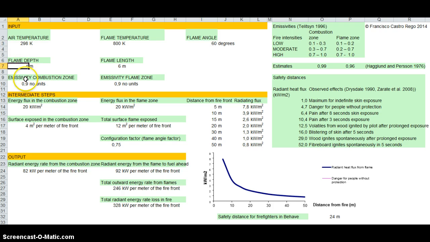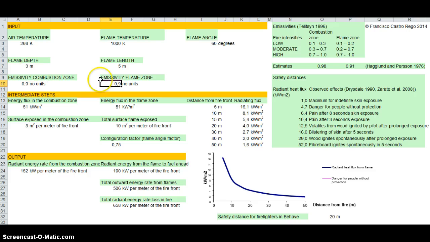Flame depth of this sort, 3 meters, and then we can look at flame temperatures. Let's put 1000 K, and then a flame length of, let's say, 5 meters.